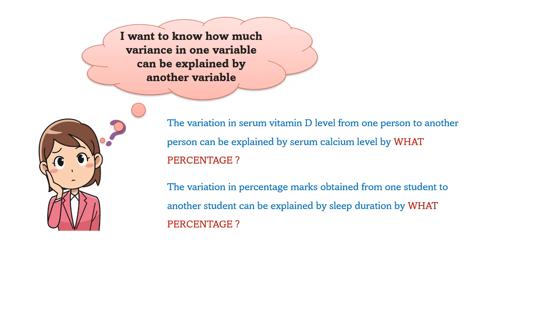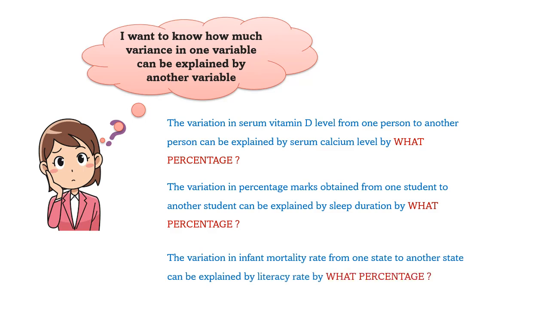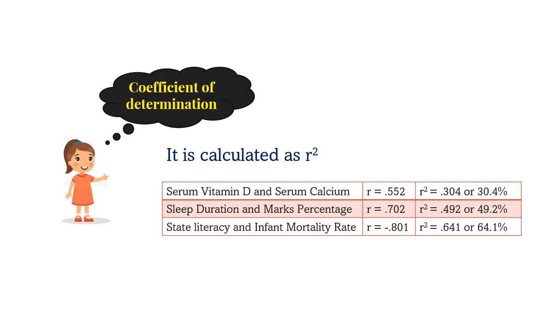Or the variation in infant mortality rate from one state to another can be explained by literacy rate by what percentage? If we wish to determine this variation in one variable with respect to another variable, for this we want to know the coefficient of determination.